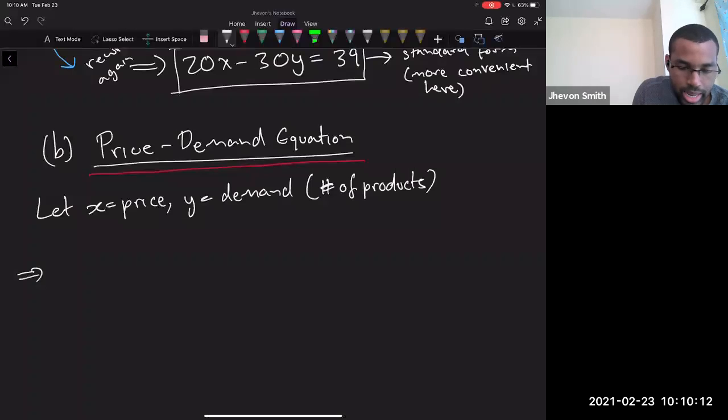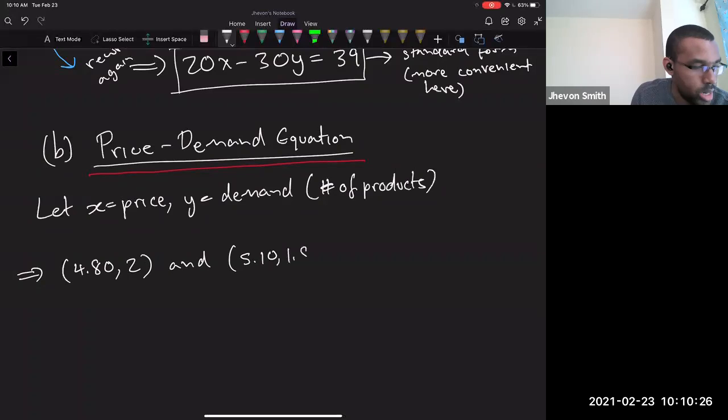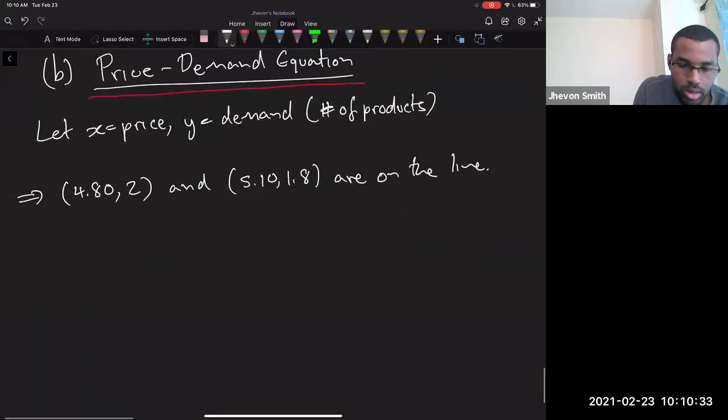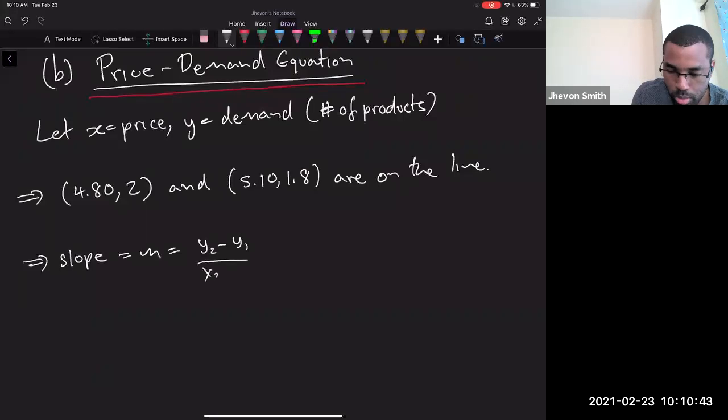Then we get that 480 comma 2 and 510 comma 1.8 are on the line. We're told it was linear. So what I'm going to do is find the slope. y2 minus y1 over x2 minus x1. I'm going to plug in those numbers.